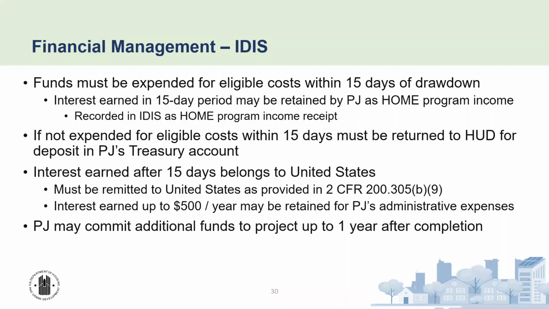In those cases, any interest earned after 15 days belongs to the United States and must be remitted to the United States as provided for in 2 CFR 200.305(b)(9), except that interest earned up to $500 per year may be retained by the PJ for its administrative expenses. And finally, the PJ may commit additional HOME-ARP funds to a project up to 1 year after project completion. Next slide, please.